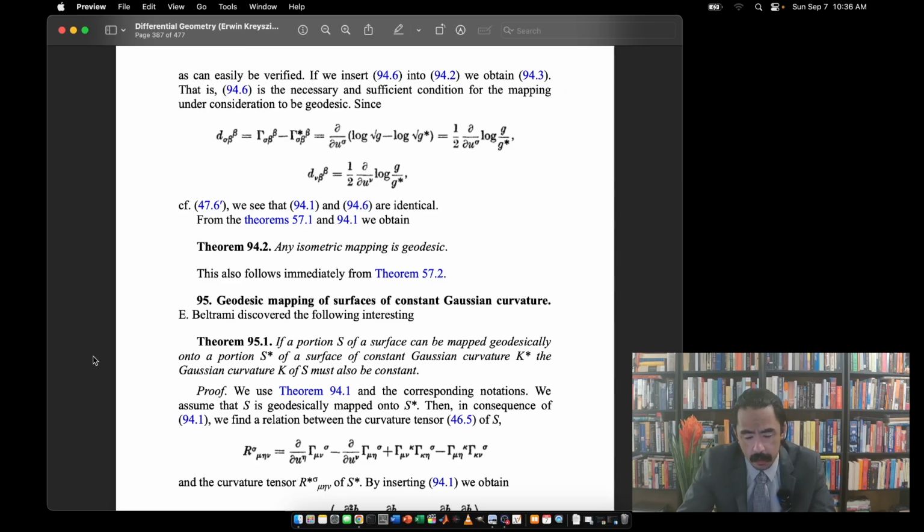So we see that expressions 94.1 and 94.6 are identical.